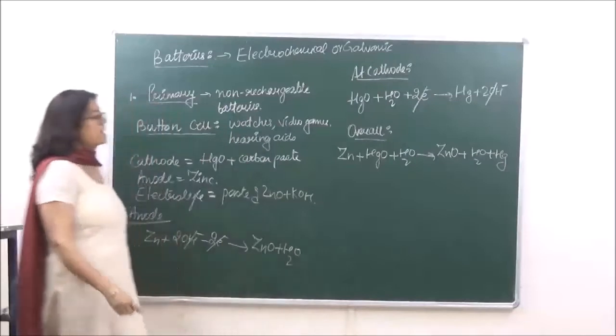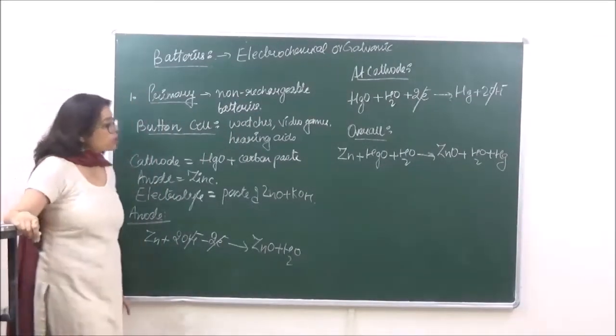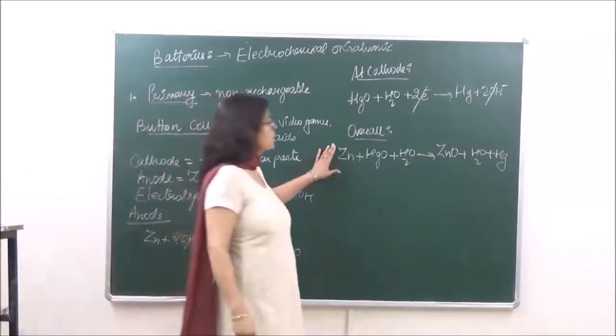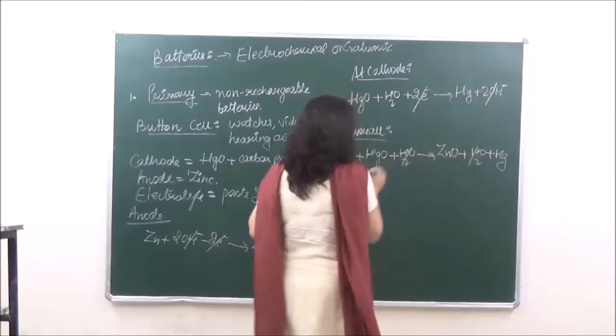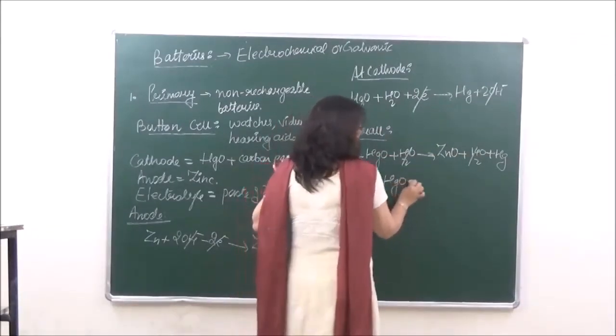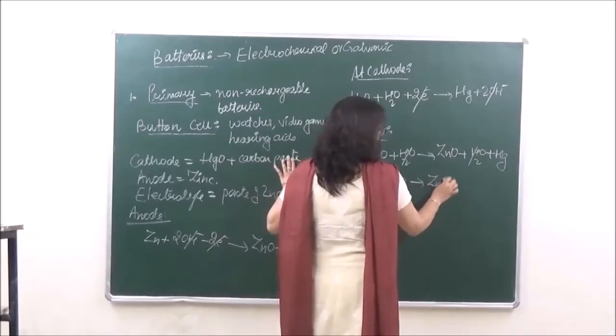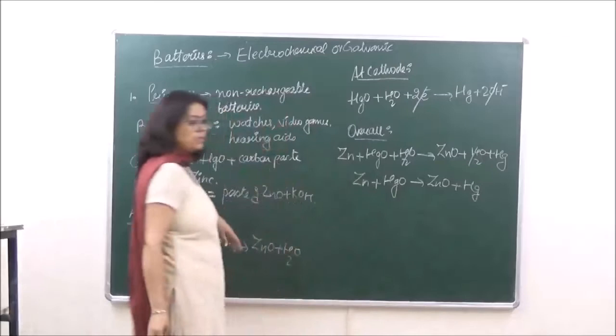This cell has more life than the Leclanché cell because, as you can see in the final reaction, water also gets cancelled. So the final reaction is Zn plus HgO to give us ZnO plus Hg.